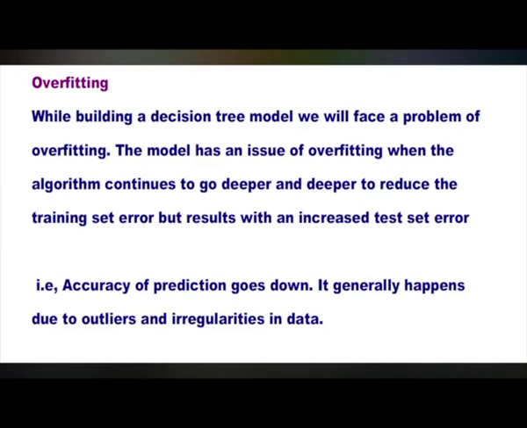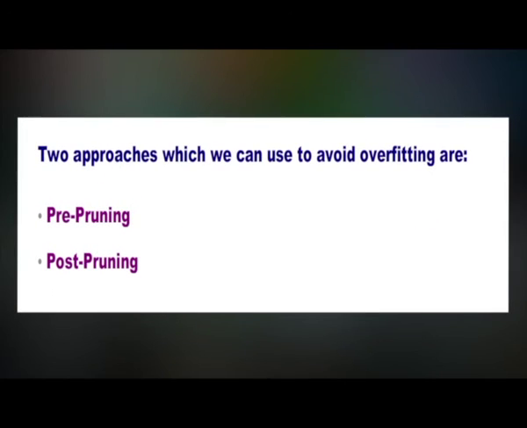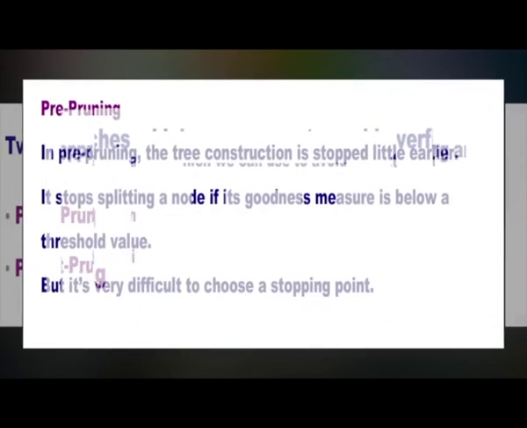That is, accuracy of prediction goes down. It generally happens due to outliers and irregularities in the data. Two approaches can be used to avoid overfitting. They are pre-pruning and post-pruning.